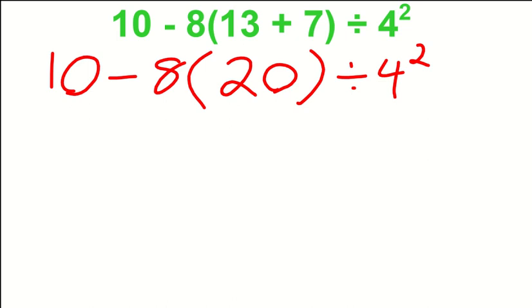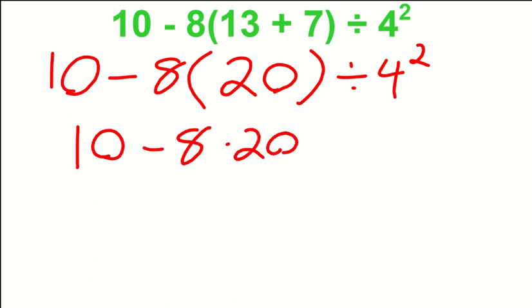So what do I do now? Exponents. So we got 10 minus 8. I'm just going to change it so there's no parentheses there. 4 squared, 4 times 4 is 16. Okay? Now what? Multiplication and division get done at the same time, going from left to right.